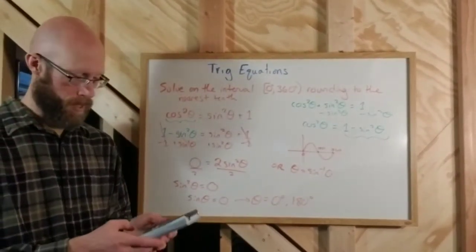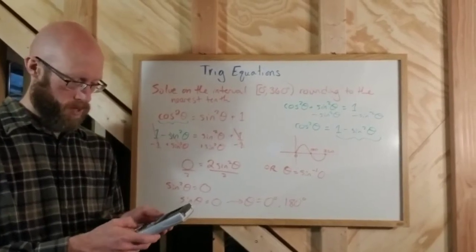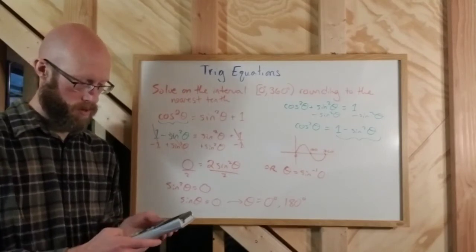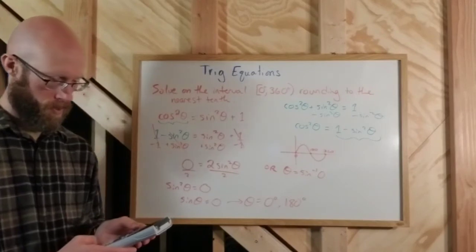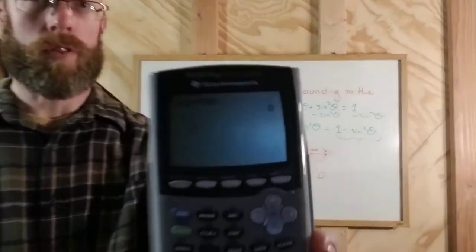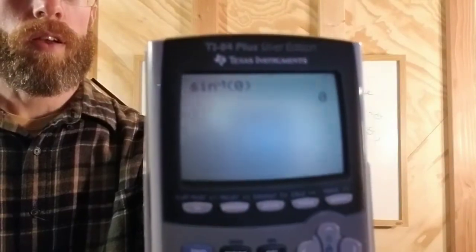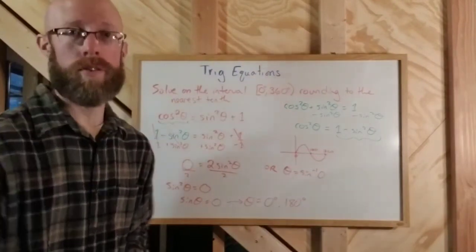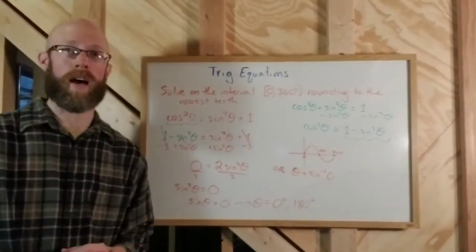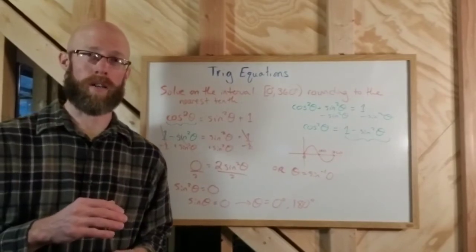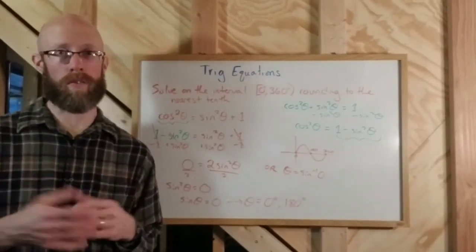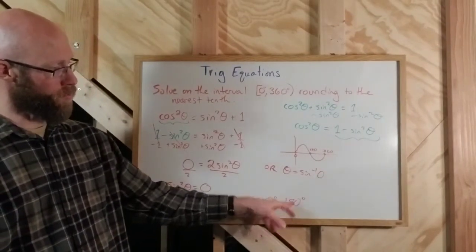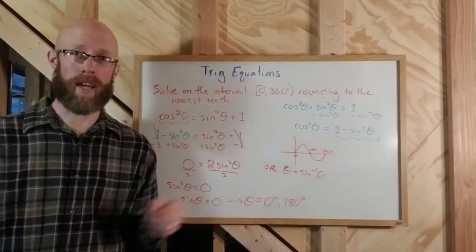The problem is, if you type in inverse sine of 0, and I'll pop this in degree mode, well, the inverse sine of 0 gives you 0 on the calculator. But it doesn't give you that second angle of 180. And that's because of the range of the inverse sine being from negative 90 to 90, or negative pi over 2 to pi over 2.